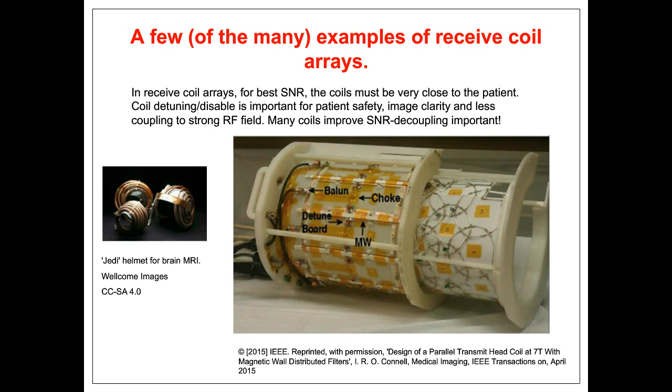One thing to notice, though, is the proximity of all of these structures to each other. Those transmit lines are carrying high power. They're a few centimeters away from receive coils that are used to pick up that power.